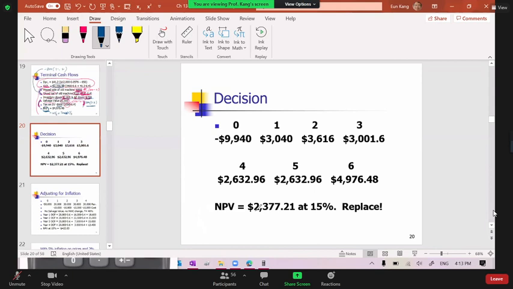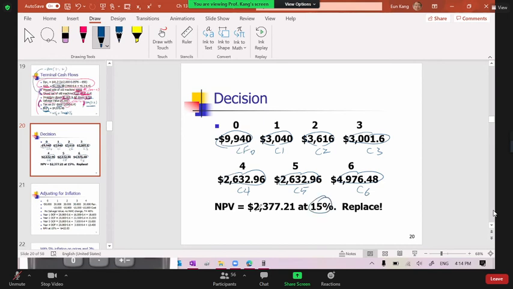So if we now summarize, this is CF0, C1, C2, C3, C4, C5, C6, right?